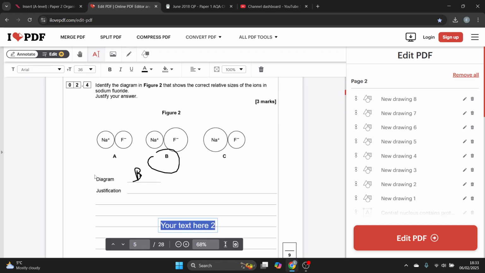Okay, so why? Justify the answer. So firstly, both Na+ and F- have the same electron arrangement, or I could say isoelectronic.